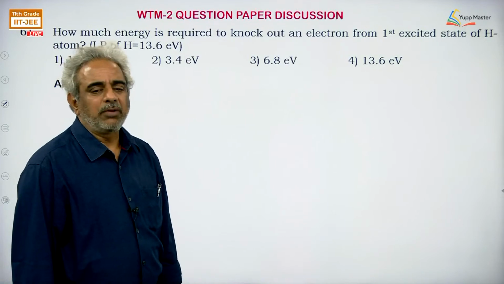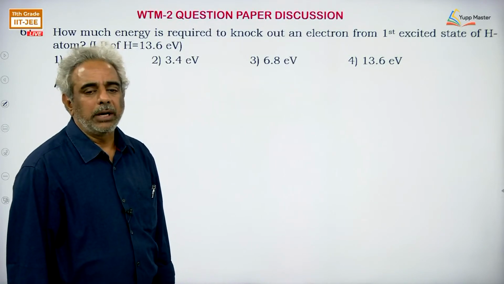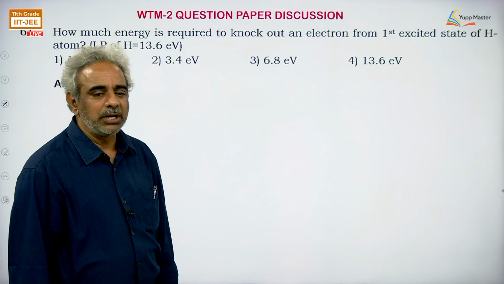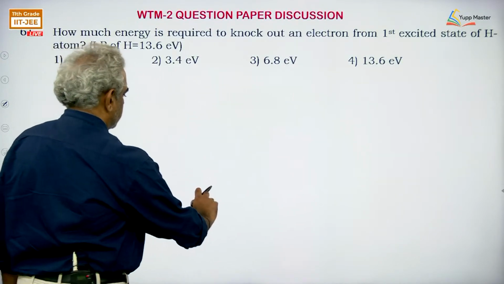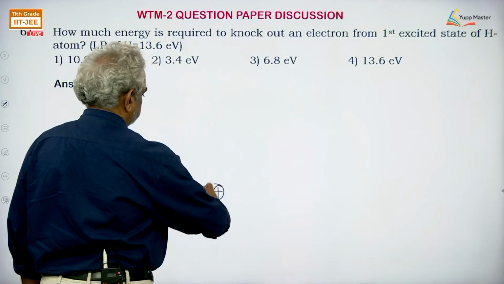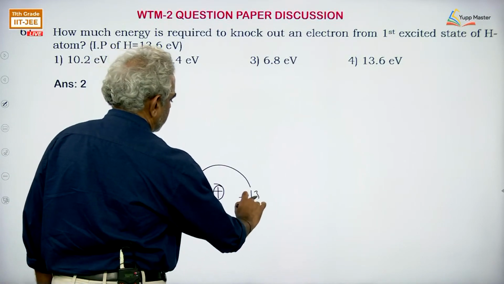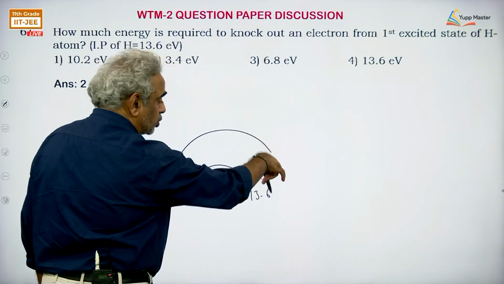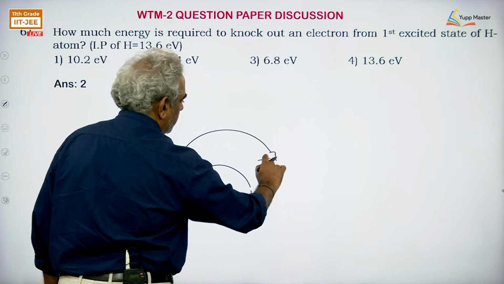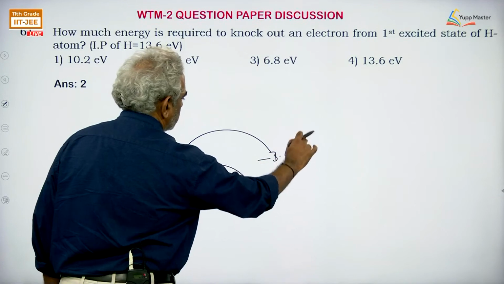How much energy is required to knock out an electron from first excited state of H atom? See, hydrogen atom is here. Here minus 13.6. Minus 13.6 by 2 square, minus 3.4 electron volts.